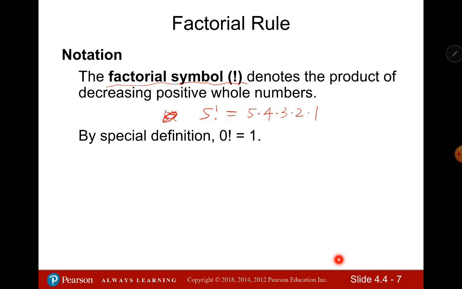Decreasing positive whole numbers and doing the multiplication. So it's the product of decreasing positive whole numbers. And by special definition, 0 factorial is equal to 1.